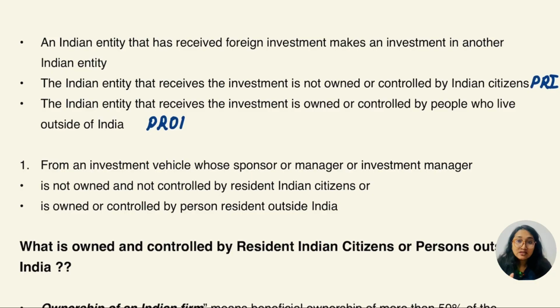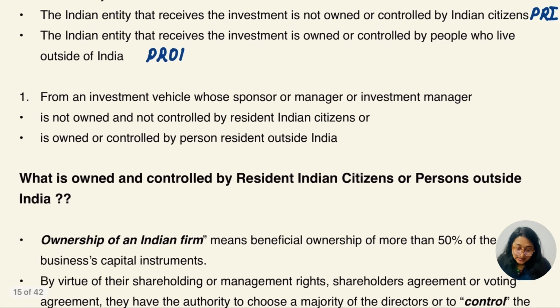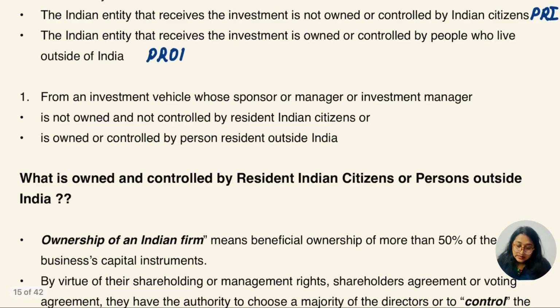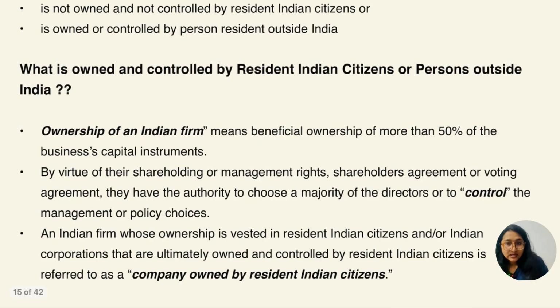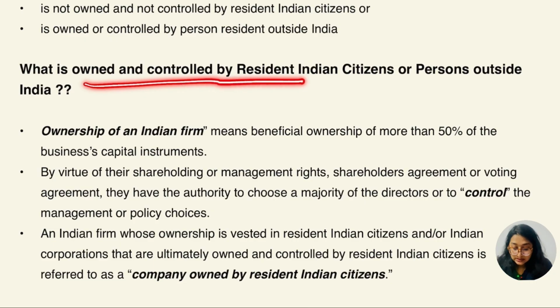So this is the basic difference, a huge difference I can see. From an investment vehicle whose sponsor or investment manager is not owned and not controlled by a resident Indian citizen, or is owned or controlled by a person resident outside India. A little more things we should know in this part. What is owned and controlled by a resident Indian citizen or a person outside India?